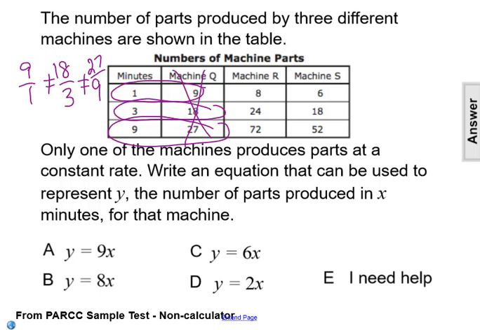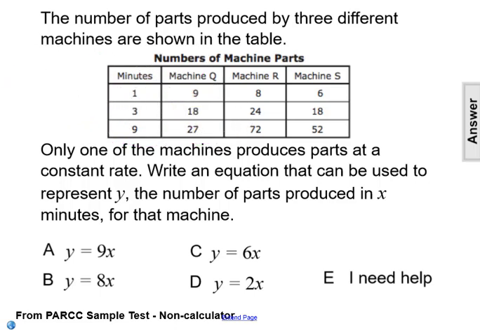Now let's look next at machine R. We'll do the same thing. We'll compare 8 over 1 to 24 over 3 to 72 over 9. We'll look at the ratios of the number of parts that machine R is making in the certain amount of minutes that it takes. So that would be 8 over 1, 24 over 3, and 72 over 9.